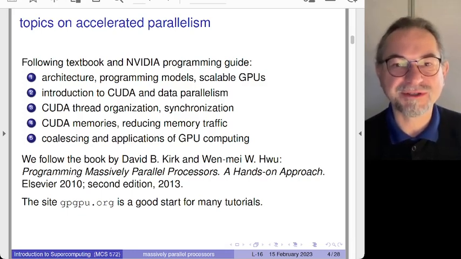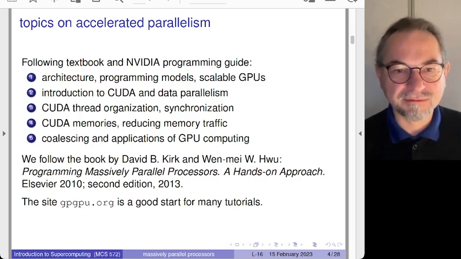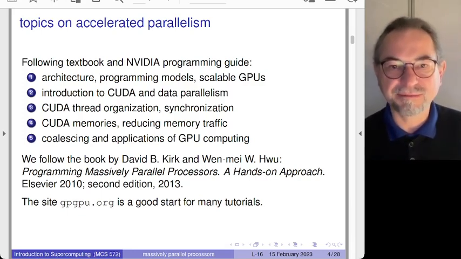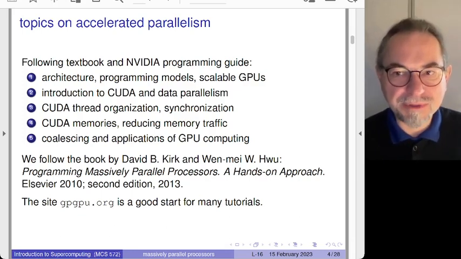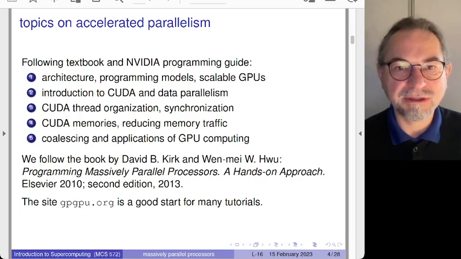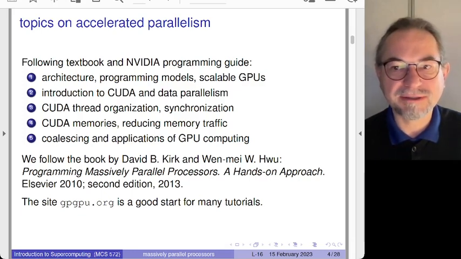Others may, of course, disagree with this. But next week we will get into programming the GPU. I will be mainly focused on the programming model that is provided by NVIDIA.